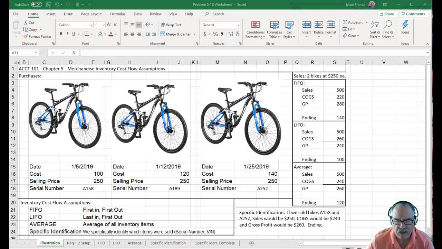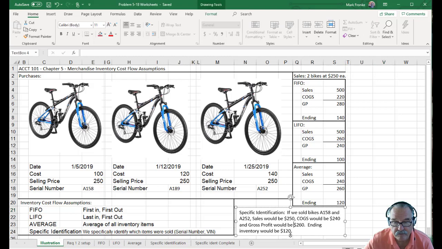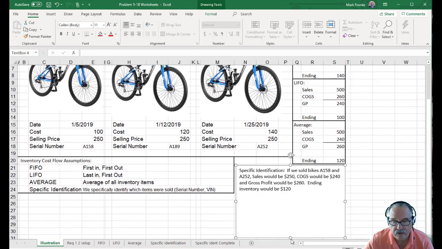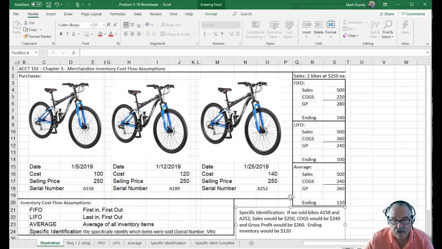So, ending inventory would be 1 bike, which would be our middle bike, which is the bike that's $120, A189. So this is how these 4 methods work: FIFO, LIFO, average, and specific identification.